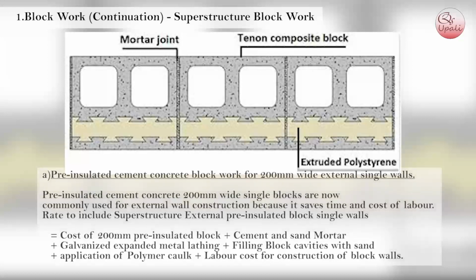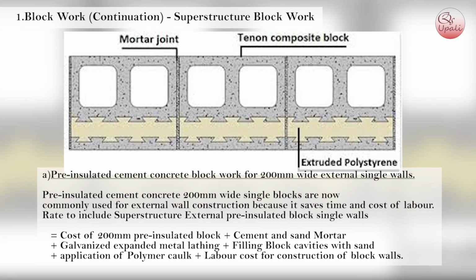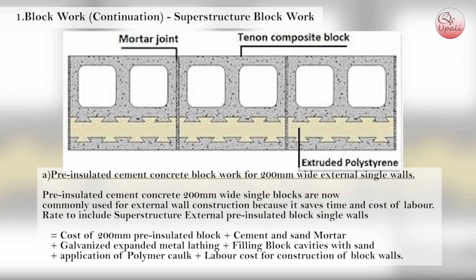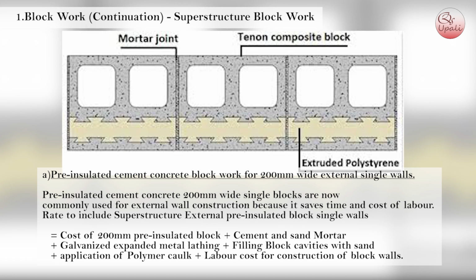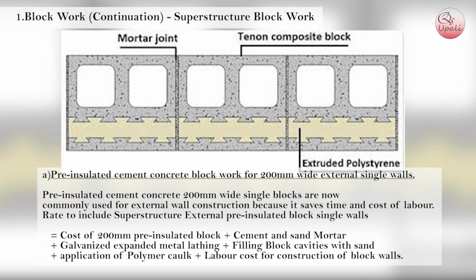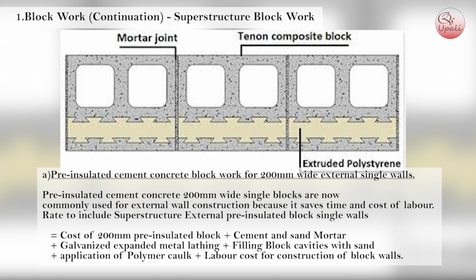1. Block work, continuation. Superstructure block work. A. Pre-insulated cement concrete block work for 200 mm wide external single walls. Pre-insulated cement concrete 200 mm wide single blocks are now commonly used for external wall construction because it saves time and cost of labor.